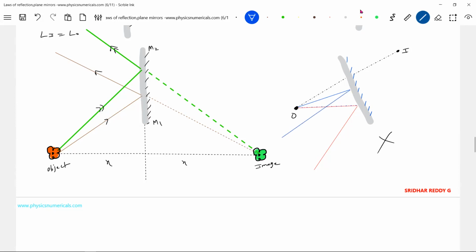After reflection, it will diverge. We are just taking help of the basic ray diagram. That's why the chapter itself we are calling ray optics.